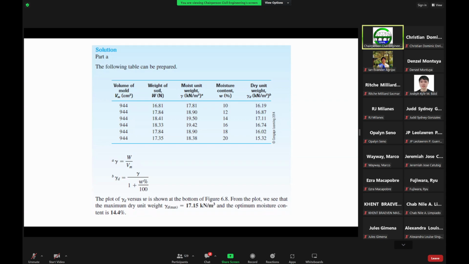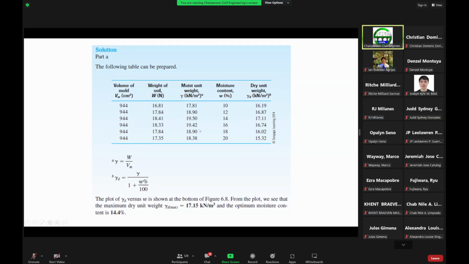In this table here, the first, second, and fourth columns are given, while the third and fifth columns are calculated. From the given, we can calculate the moist unit weight using this formula: you simply divide the weight of the soil by the volume of the mold.